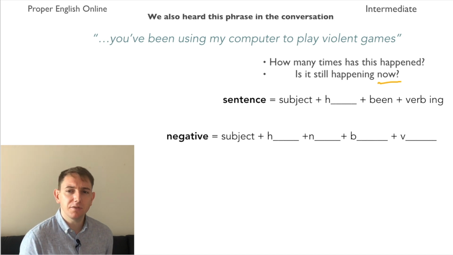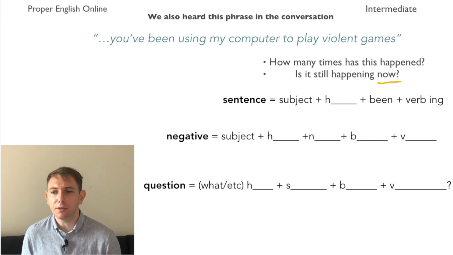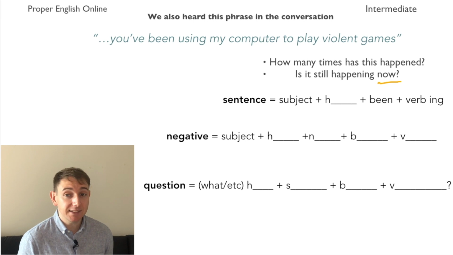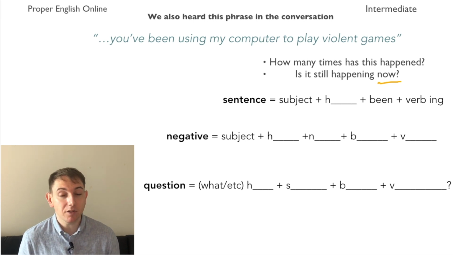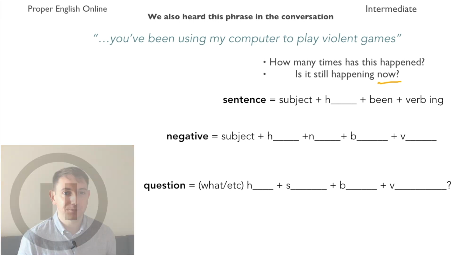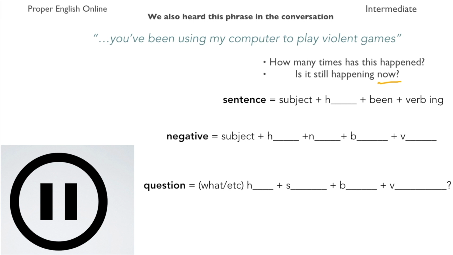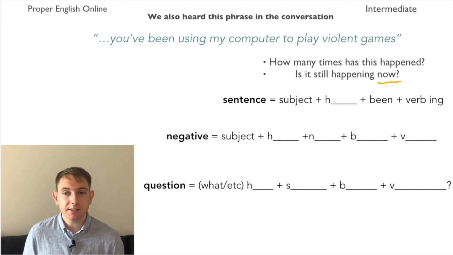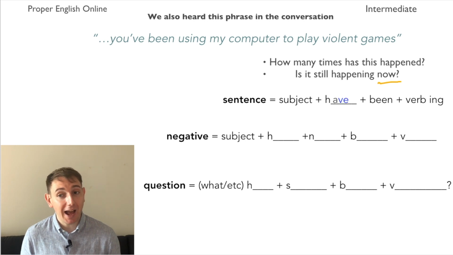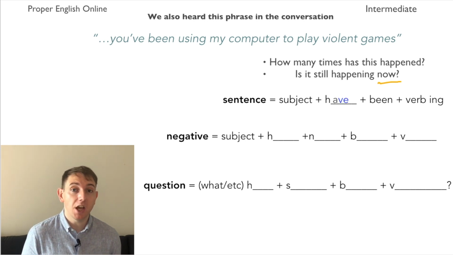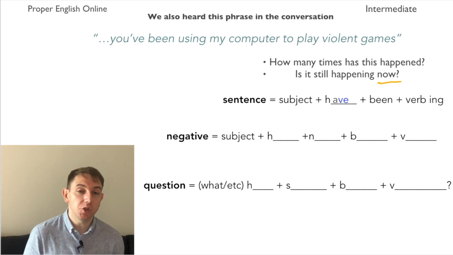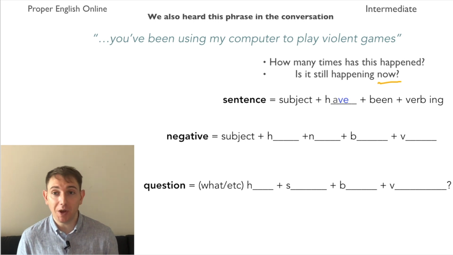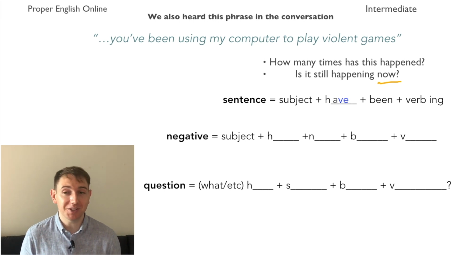So again, let's look at the forms here. Once again, we've got three kinds of sentences: the regular sentence, a negative, and a question. Pause this video and fill in the missing words of this form, please. The first one, its sentence is subject plus have been, verb ing. You have been doing something, or you have been using my computer, right?